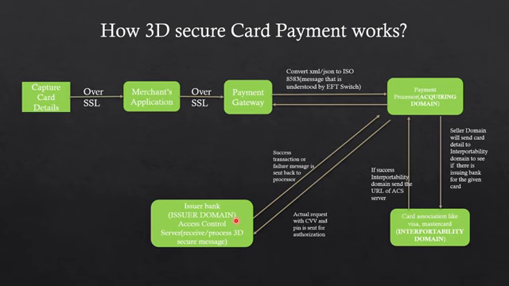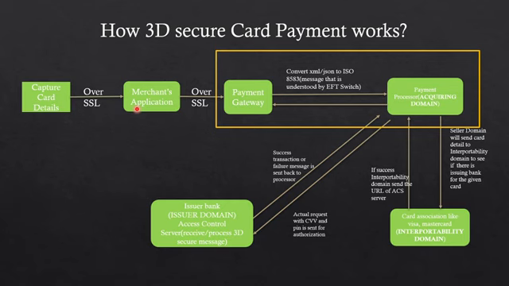Now from here the same response will follow. It will go to the payment gateway, and if the payment is a success, then the order will be placed in the merchant's application. Otherwise, a failure message will be shown that the payment has failed and the reason for failure. Now in this whole scenario, whatever is in the yellow bordered box is the actual payment gateway.